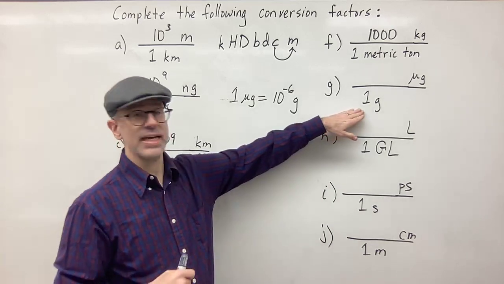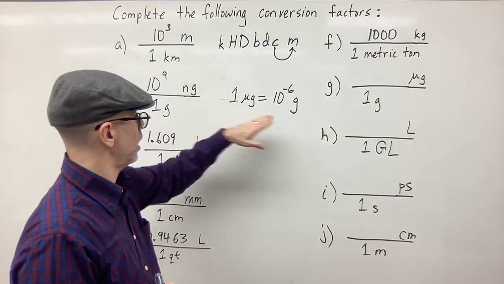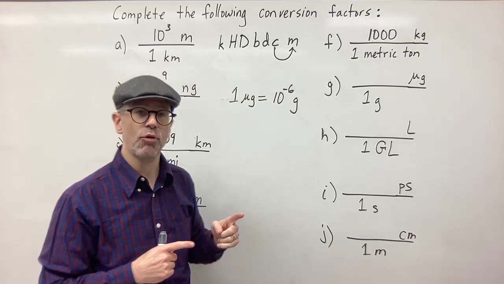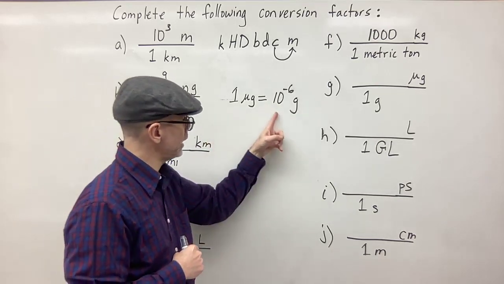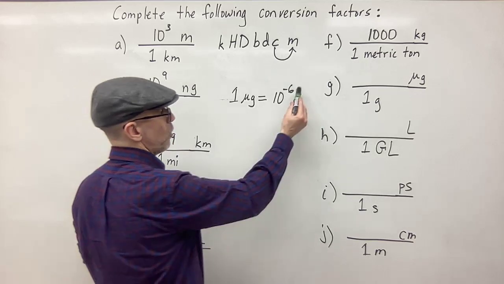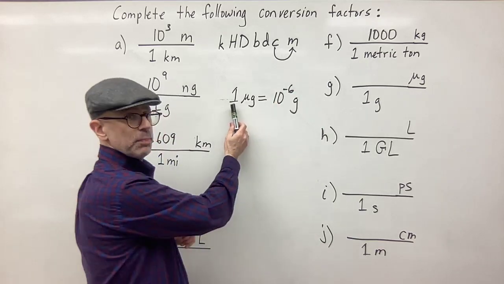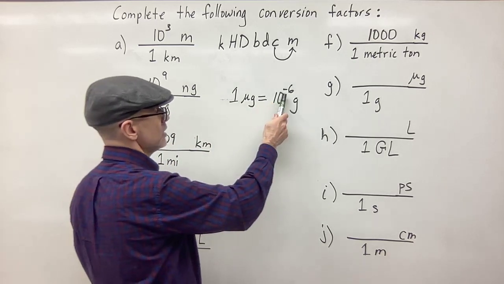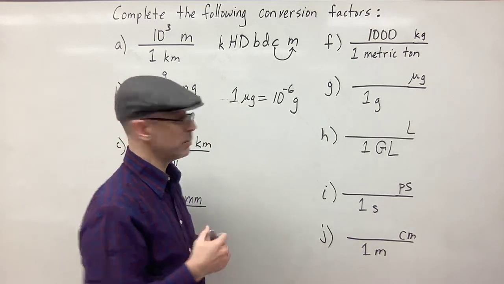But in this case, they put the 1 with the base unit. So we're going to have to do what I said before. If the 1 is with the base unit, then you're going to have to take the multiplier and put it with the prefix unit on the other side, but change the sign. And here the sign is negative, so we're going to have to change that to positive.